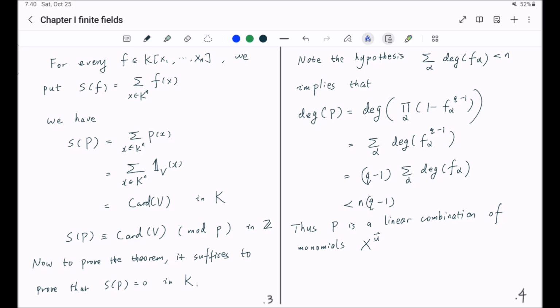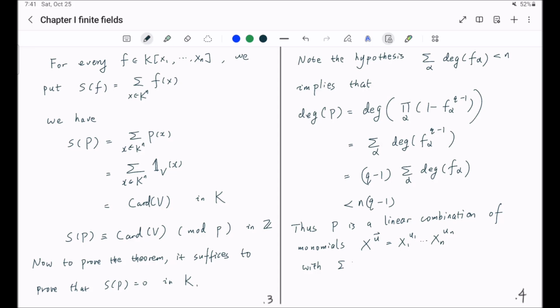Here u will be a vector, because this is a shorthand notation for x1 to u1 through xn to un, with, because the degree of P is less than n times q minus 1, the sum of those indices must be strictly less than n times q minus 1 as well.